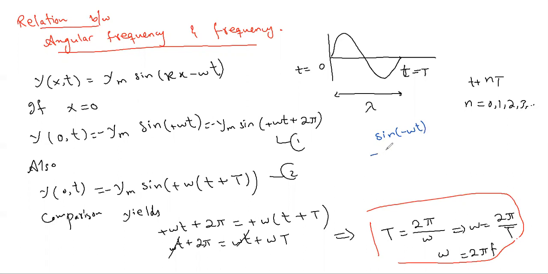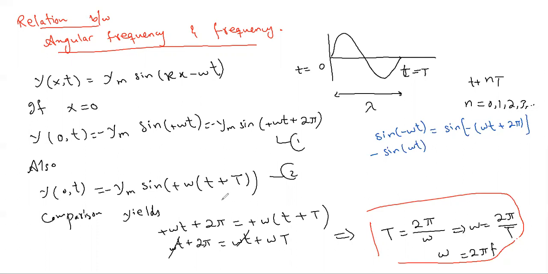So either I can write this as sine of omega t, or if I'm going to write this, then I have to put minus into omega t plus 2 pi, because this negative sign is with the argument of sine, not with omega t. Since frequency can't be negative and T can't be negative, but the argument of sine is negative. So this is what I'm trying to do here. Either you can do it this way, or you can just put the negative sign out of the argument. So both are equivalent statements.